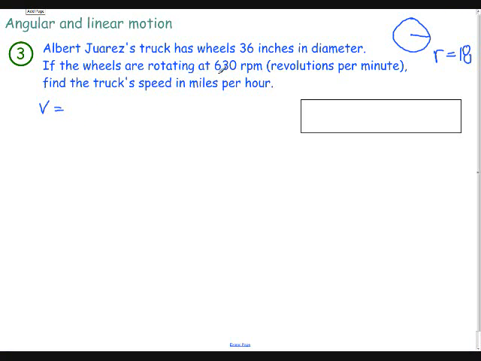The angular velocity, we're going to want to convert this, instead of revolutions per minute, into radians per minute. So we've got 630 revolutions per minute, and our conversion factor, we have 1 revolution here and 2 pi radians here.